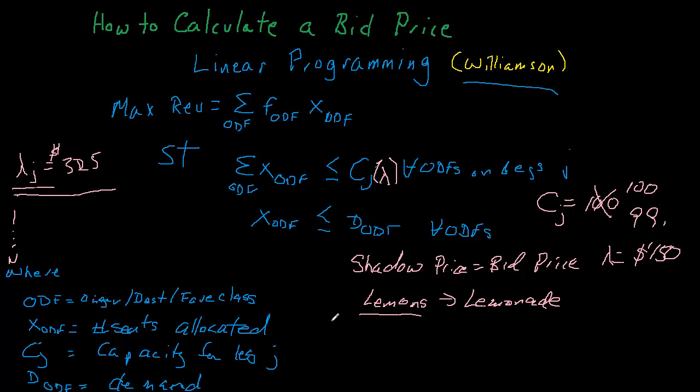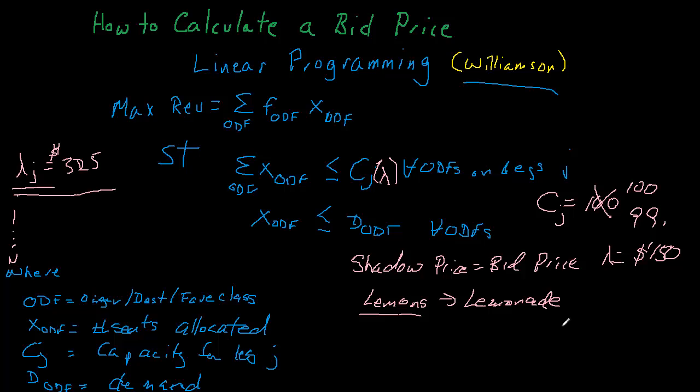The other thing I'll point out here, and it's not unique to this model, is that this is somewhat static. So we are going to get accurate bid prices and an accurate objective function value at the time we are solving this model.